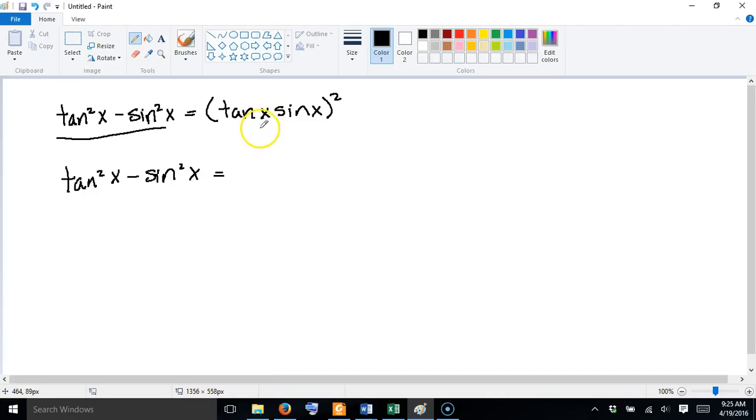So tangent squared x is sine squared x over cosine squared x. And now what we have to do at this point is put everything over one denominator. So get a common denominator. And we're going to do that by multiplying this one by cosine squared over cosine squared.